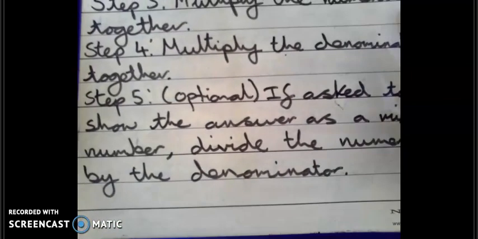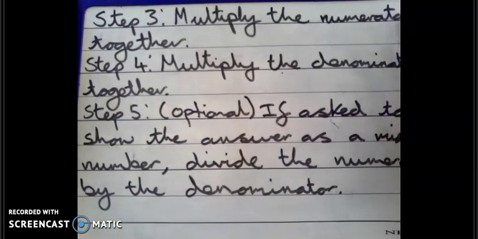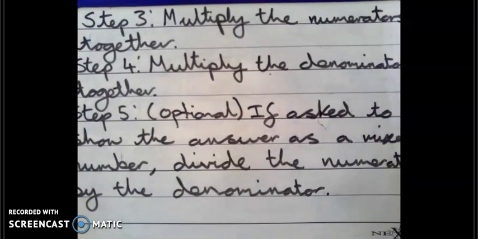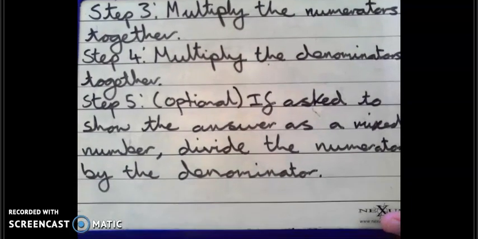Our third step, we're going to multiply the numerators together. After that, we're going to multiply the denominators together. Finally, if we've been asked to show the answer as a mixed number, we're going to divide the numerator by the denominator.